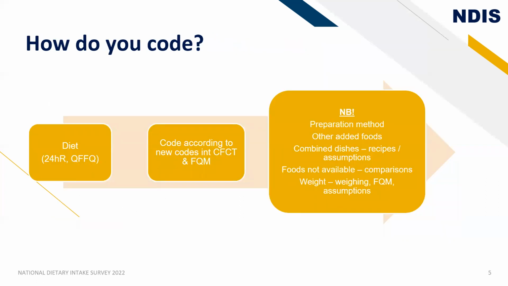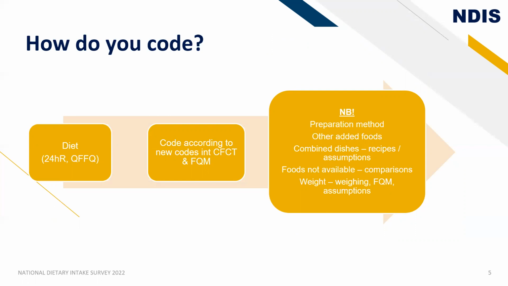Good. So now how do you code? So you take your diet, your 24-hour recall, your QFQ, that specific questionnaire you worked on, and you code according to the new codes in the food composition tables and the food quantities manual.